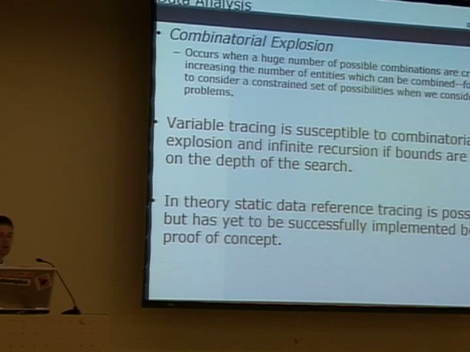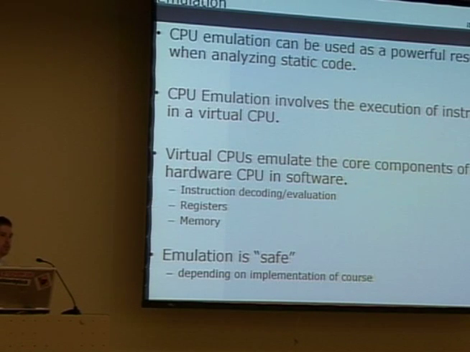So my approach to this was actually to take a look at using emulation rather than pure static analysis. And emulation solves a lot of the problems that we see with this because you can immediately actualize what the data references are.